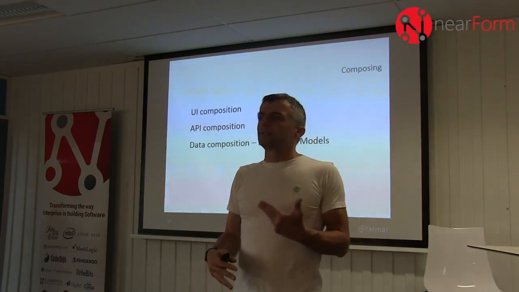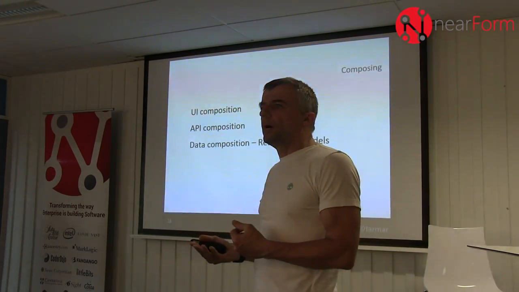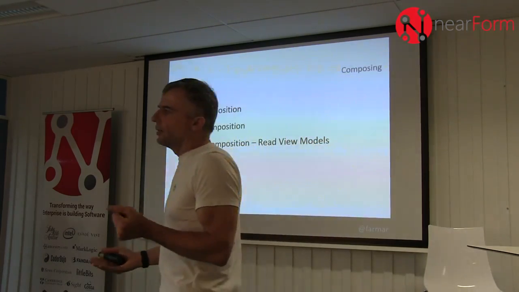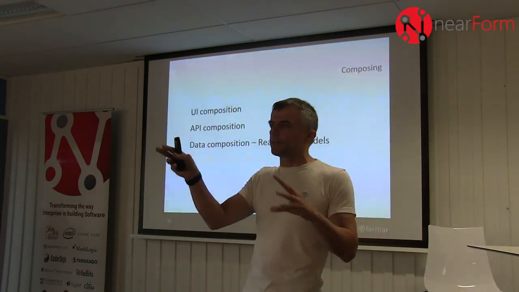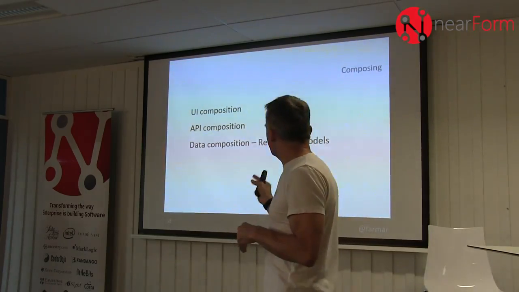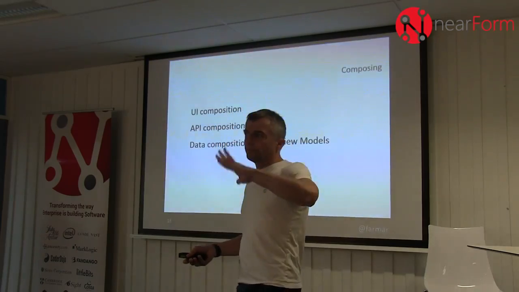And now things are getting really, really tough, because we have a UI, and most of the UIs are composites, right? There's a little bit of shipping, a little bit of sales, a little bit of marketing, a little bit of branding, a little bit of the user data.